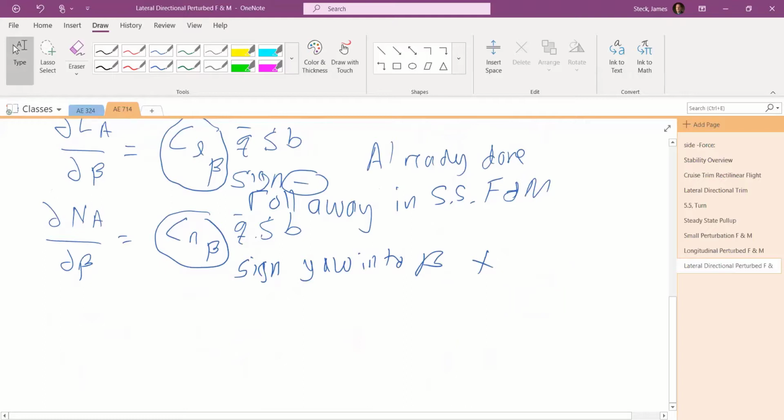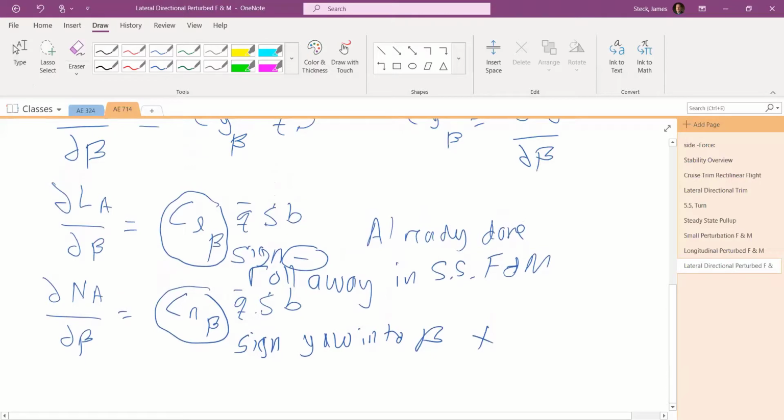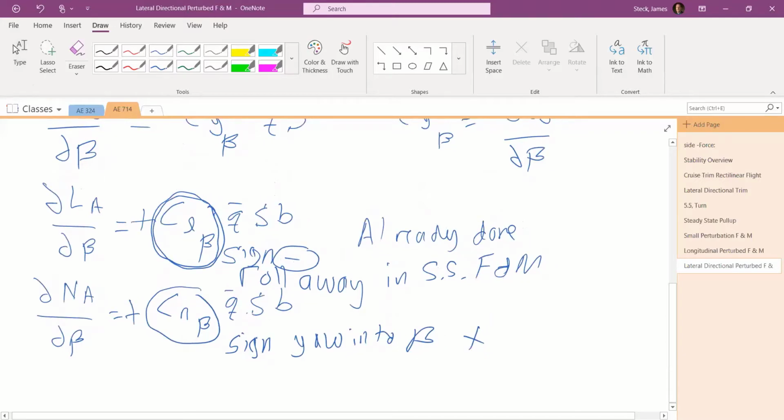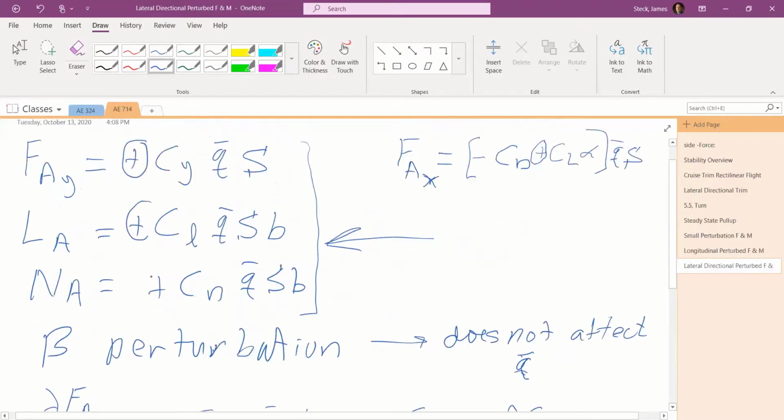This is plus. But this thing, when you calculate it, should be negative. Oh, that reminds me. Thanks for saying something. The reason I put a plus sign here, here, and here is some of the older editions had a negative sign there. My newer edition does not, but double check that.